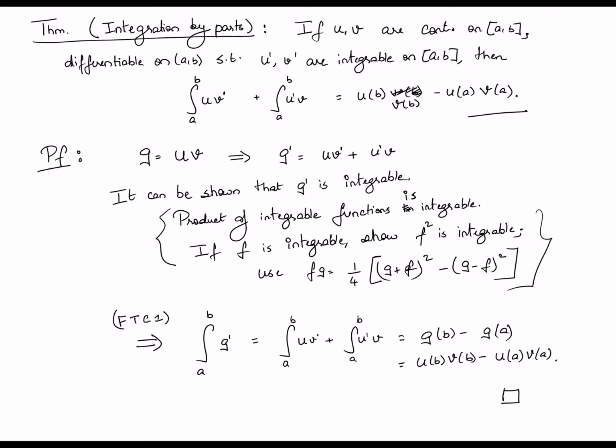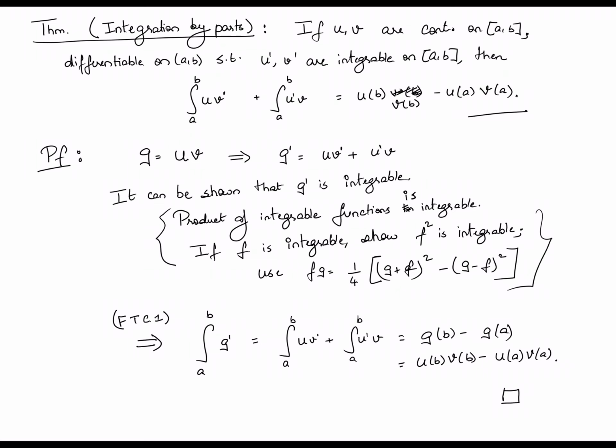Right? That completes the proof. So the claim here is that subject to this exercise, that the product of integrable functions is integrable, the integration by parts rule, which we are all familiar with, is in fact a trivial consequence of FTC One.